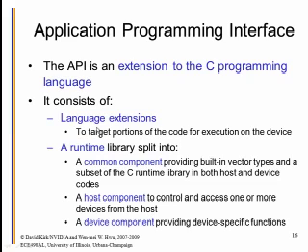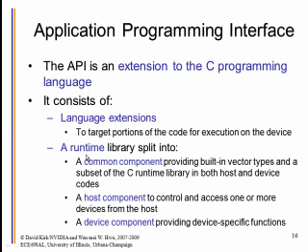We'll talk about the language extensions first. These language extensions target a portion of the code for execution on the device. The regular C language was not designed to provide GPU computation, so you need these language extensions to cover the specific features of the GPU.